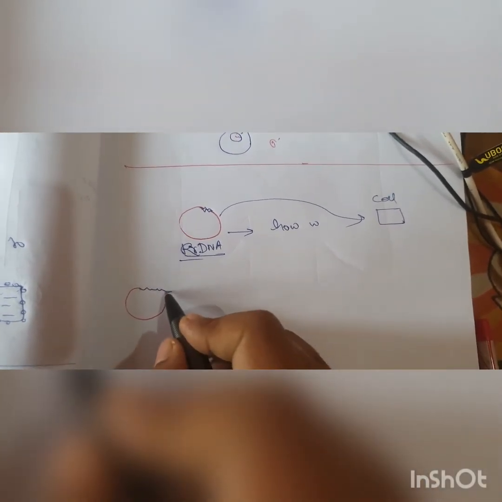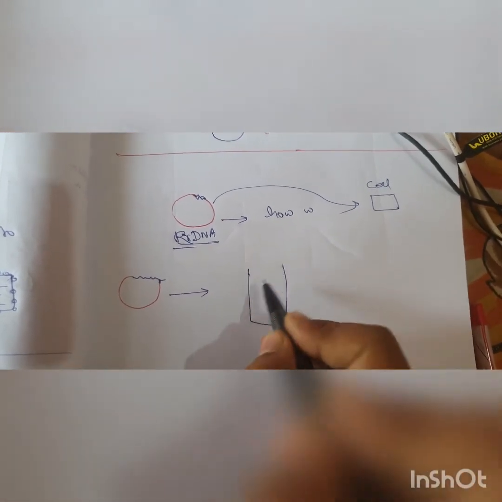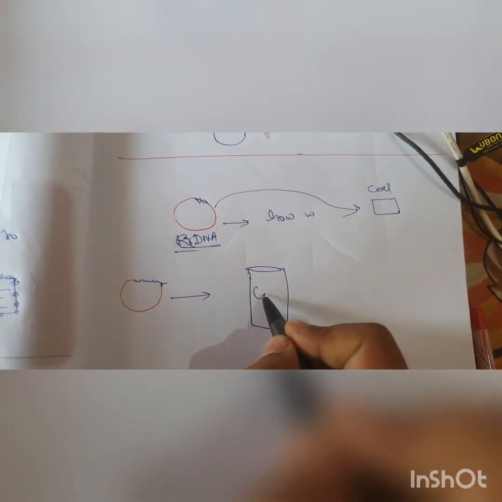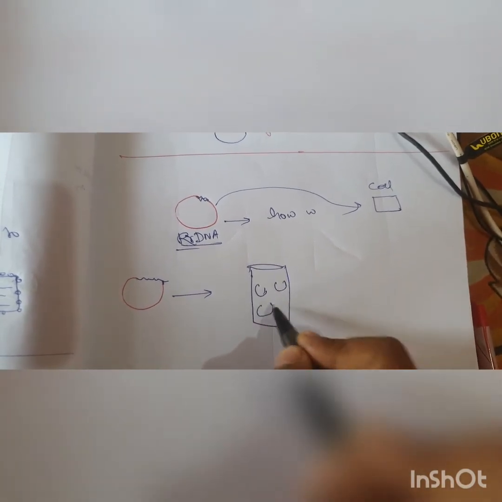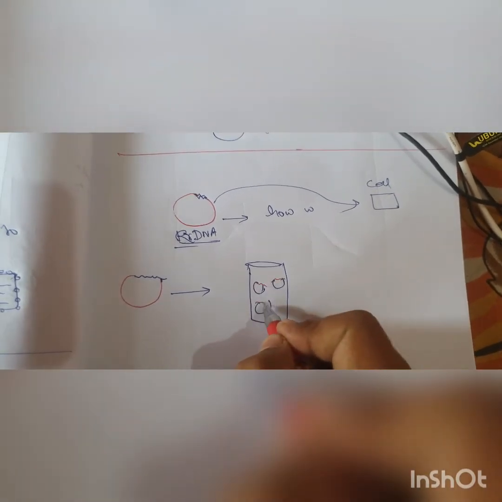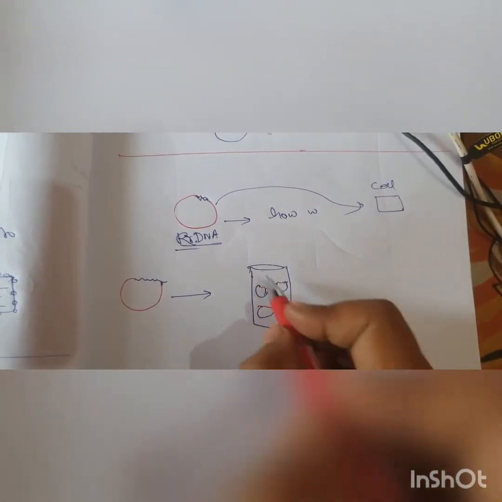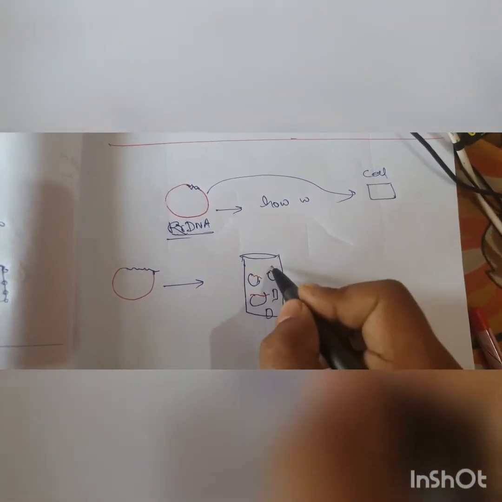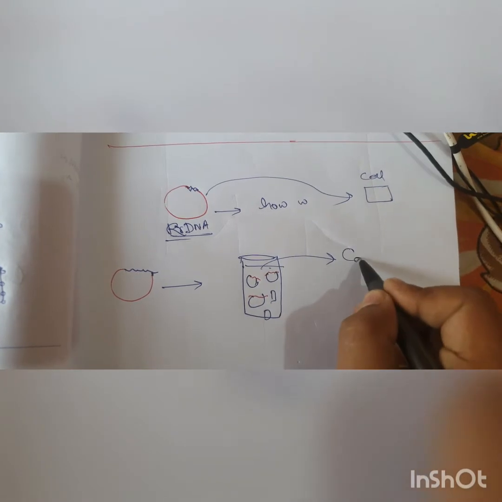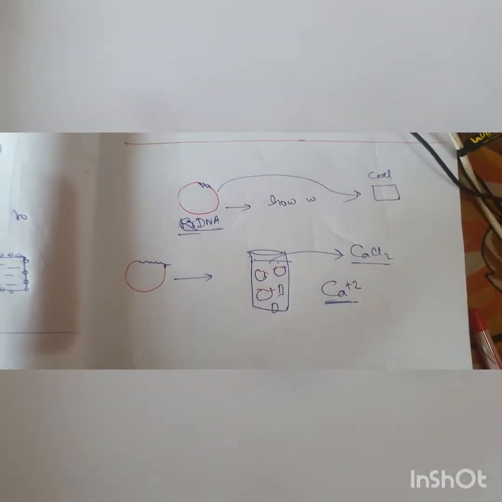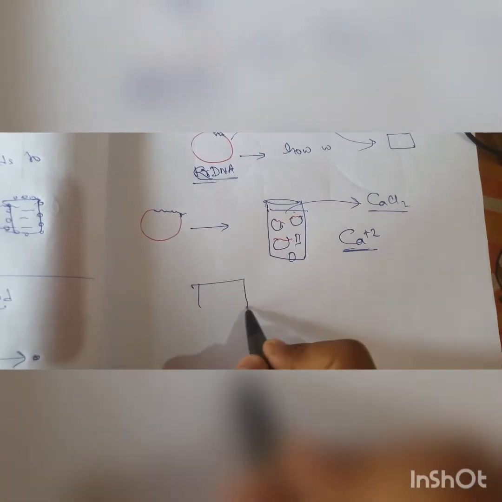What we will do is, we will take this recombinant DNA in the solution, put the cell in the solution, and treat them with CaCl2, so they get treated with Ca2+.